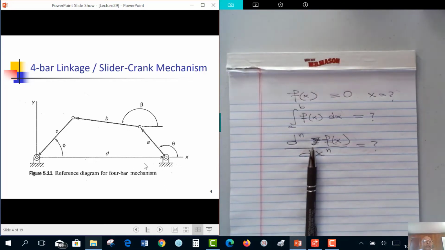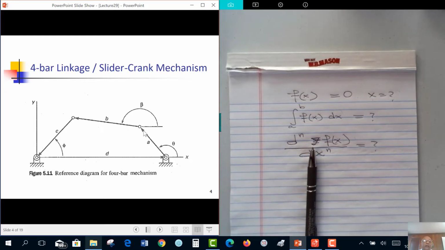So what we have here is 2 pins that are fixed. Imagine, even though there doesn't need to be any bar D, that there is a link D because that will tell us the distance between these 2 pins. Then we have this bar which can rotate about this pin, and from the x-axis its angle is theta.